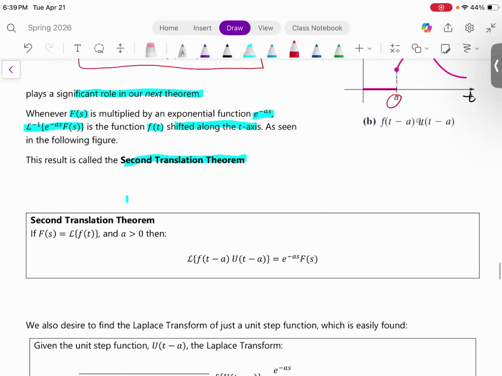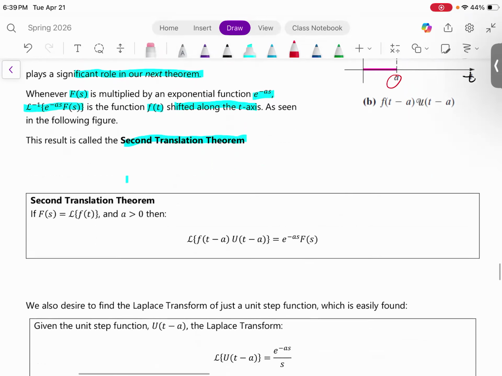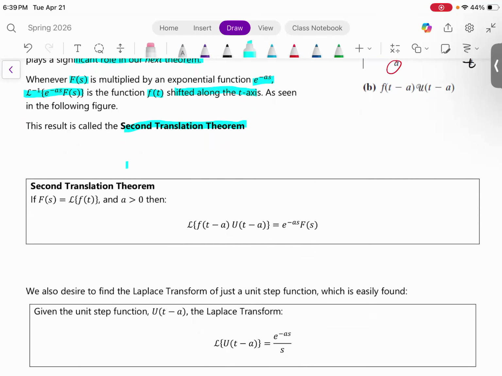Okay, so here is the second translation theorem. If F of s equals the Laplace of f of t, for s greater than 0, then the Laplace of f of t minus a times u of t minus a equals e to the negative as times that Laplace F of s.